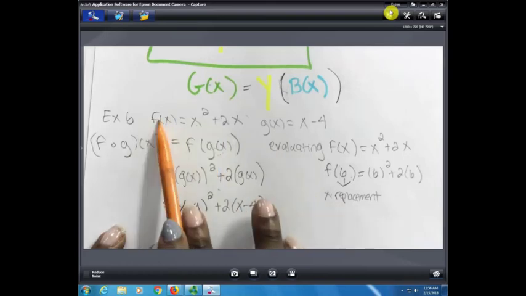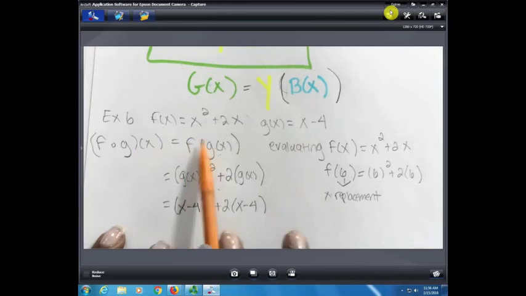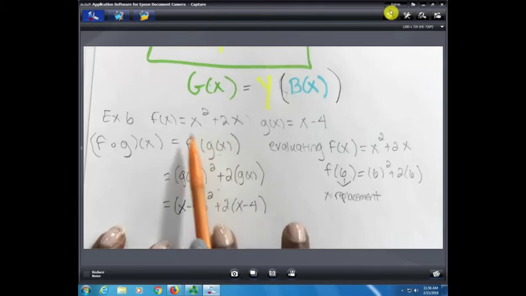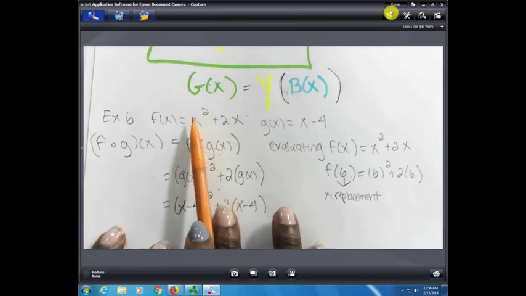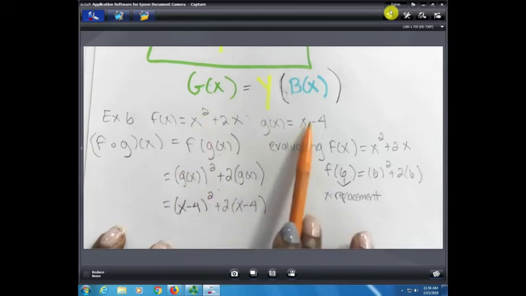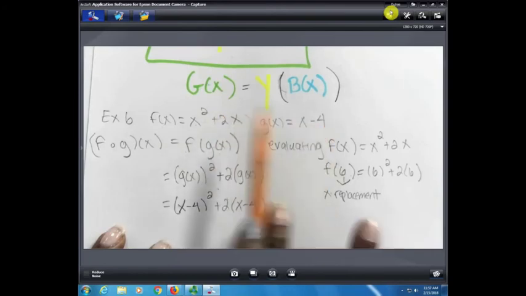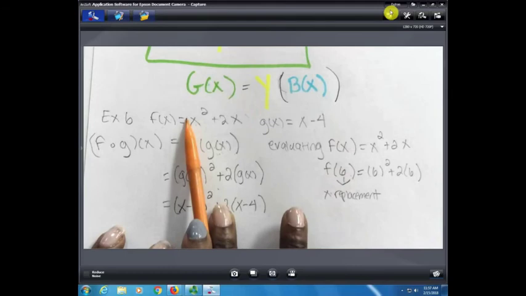So let's look at that again. I have my f function and my g function. F of g states, take your g function and replace your x value in your f function with the g function. So instead of x squared, I'll have x minus 4 squared plus 2 times x minus 4. So you're taking one function and putting it inside another function.